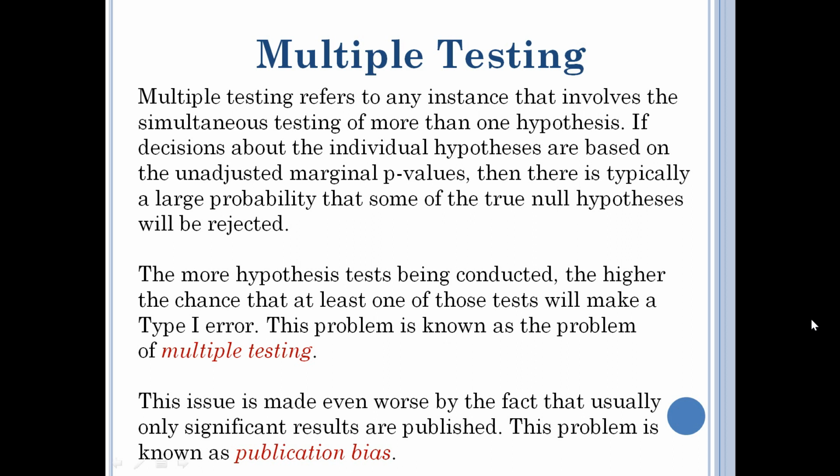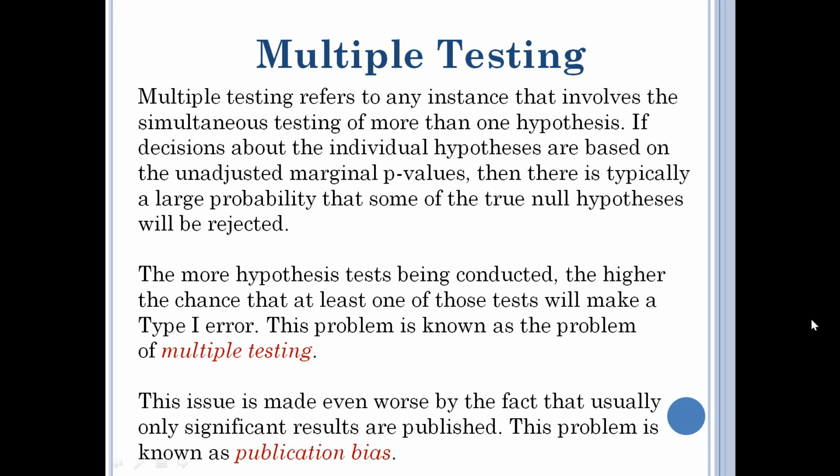In real life situations, they would use multiple testing at once. Probably they would be testing thousands of hypothesis tests using the same alpha. And what happens is they will end up rejecting something that they shouldn't reject. So basically, what you need to remember, multiple testing produces more type 1 error than we should have.